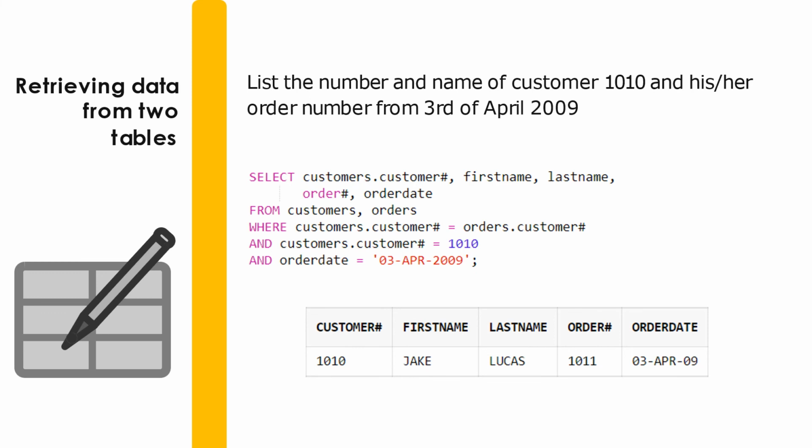Take note that in our select statement, we have to specify the name of the table if we would like to display it in our output. For any additional condition, we just use the AND operator. So to specify the customer number, we say AND customers.customer number is equal to 1010, and for the order date equals to April 3, 2009. And as we can see in our output, these are the orders of customer number 1010.